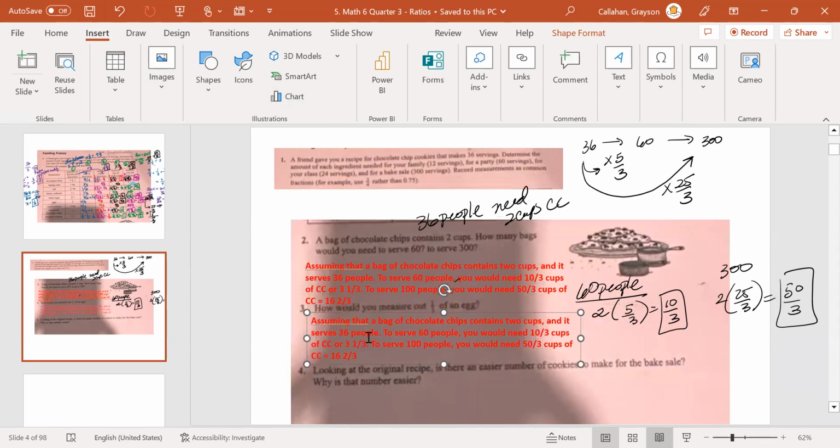Because it's all watery, right? You can say something like, since uncooked egg is watery, I can break the egg, mix it, and then measure 1/3 of a cup. Does that make sense? Okay.